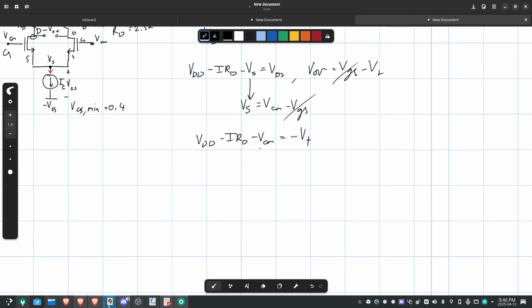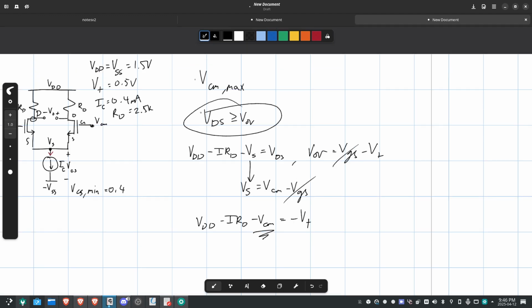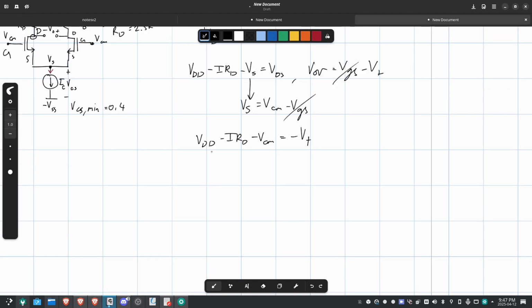And now we have VCM in. Remember, the goal starting from this is to put everything in 1, variables you know, and 2, VCM. You need VCM. Okay, so now knowing that, you can isolate for VCM. Move everything around, you'll eventually get VDD minus IRD plus VT.